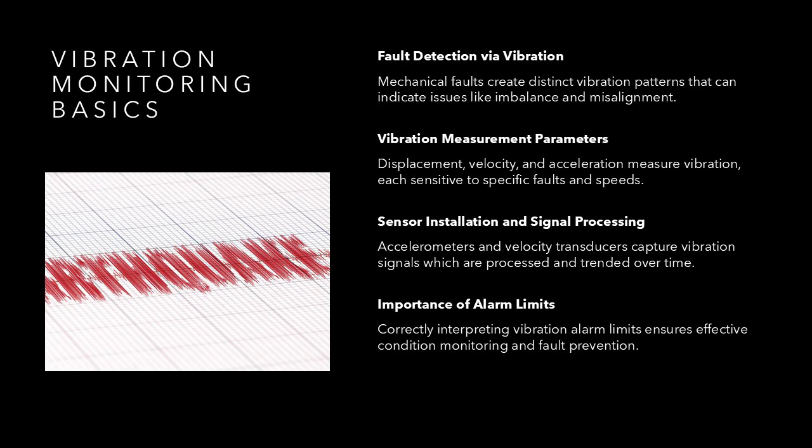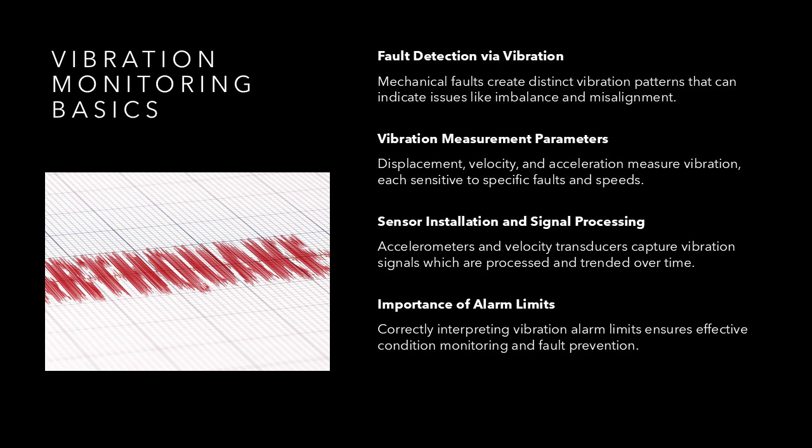This slide provides a foundational overview of vibration monitoring as a condition monitoring technique. Vibration monitoring is based on the principle that mechanical faults in rotating machinery generate characteristic vibration patterns. Common fault conditions such as imbalance, misalignment, looseness, bearing defects, and gear damage all produce measurable changes in vibration amplitude and frequency content.